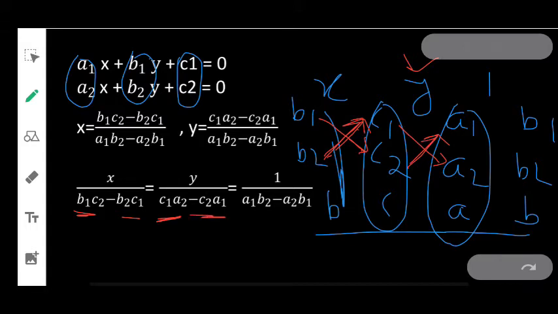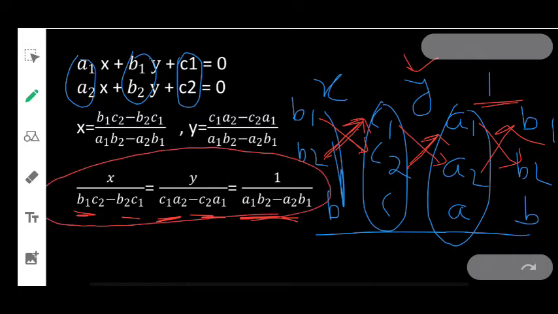Now moving to the constant part, 1: a1 b2, then minus b2 c1, so a1 b2 minus a2 b1. You can remember this formula, or you can derive the formula by this method.